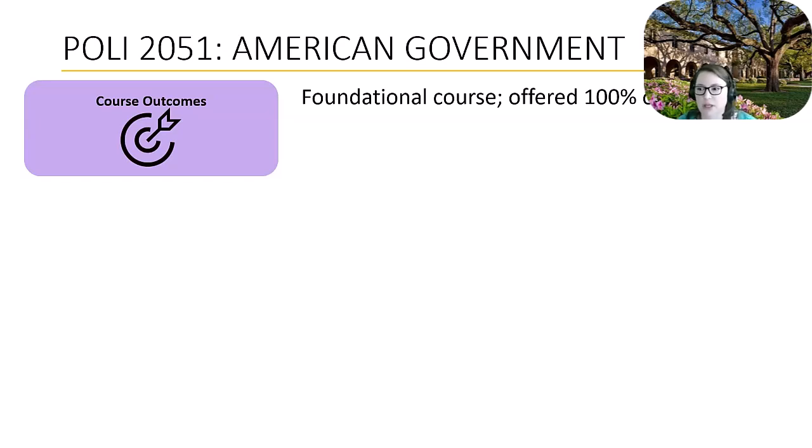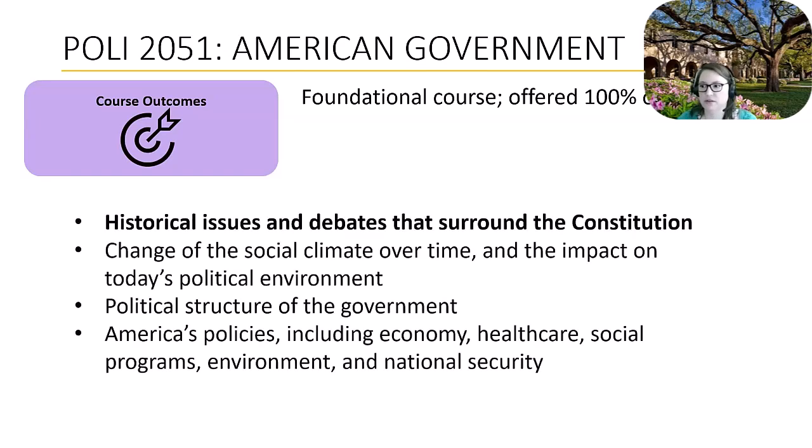So for this course, the key topics that drive this course are historical debates and issues around the Constitution, the change of the social climate over time, the structure of the government, and various policies, including economy, healthcare, etc. So for this workshop, we will be focusing mostly on that first topic of the historical issues and debates.